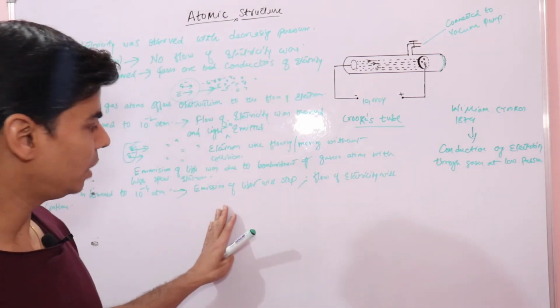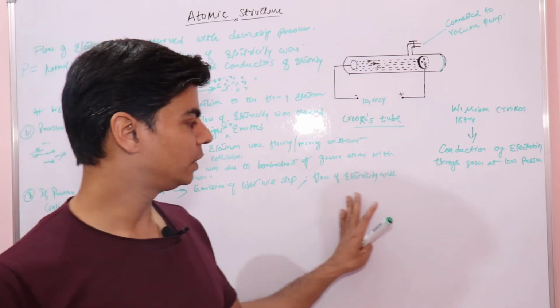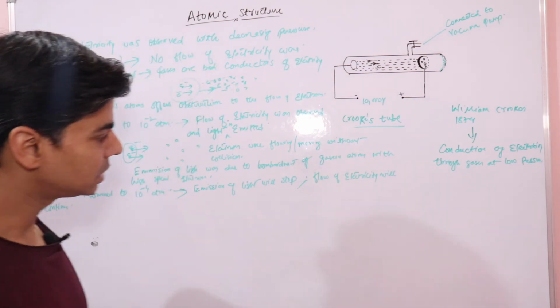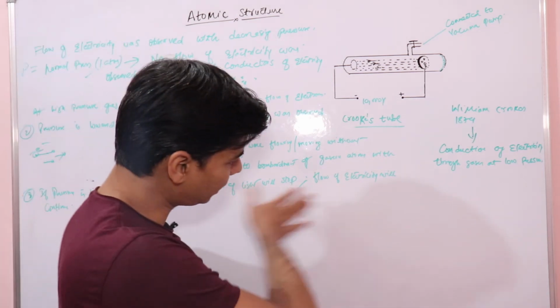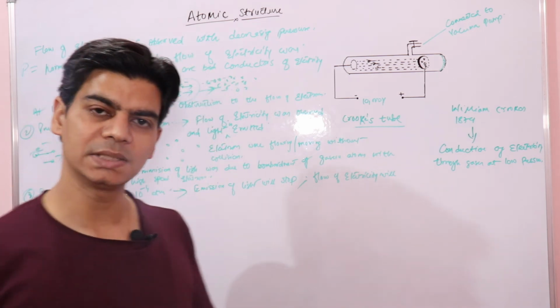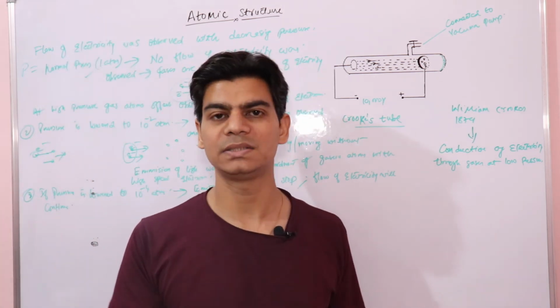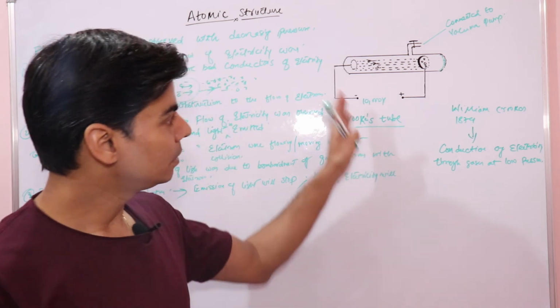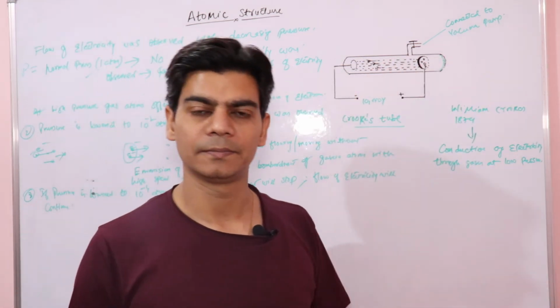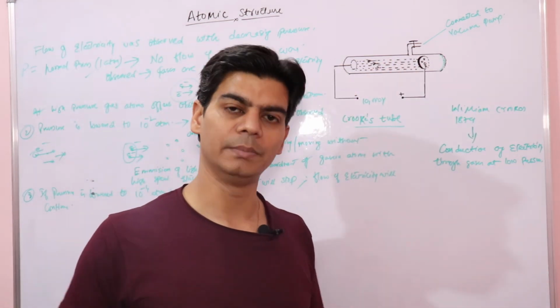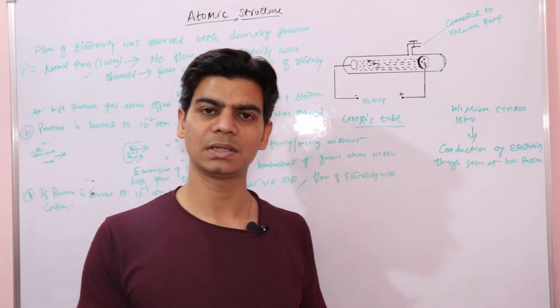And the flow of electricity will continue because these electrons, due to fewer gaseous atoms, will flow at a high speed, thereby creating electricity. The flow of electrons, we know, is nothing but electricity.